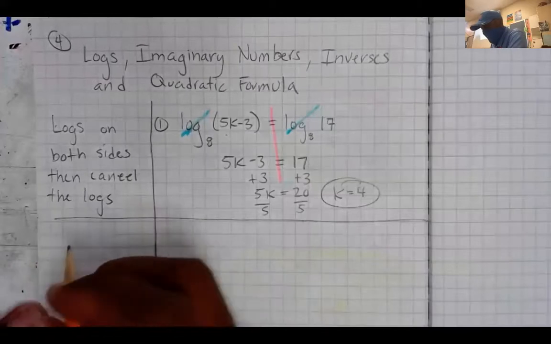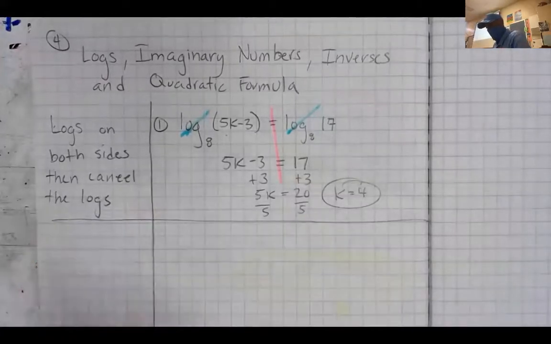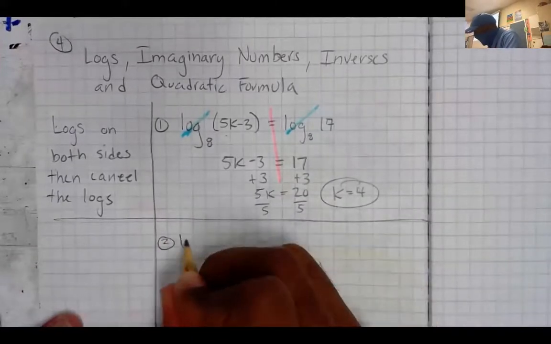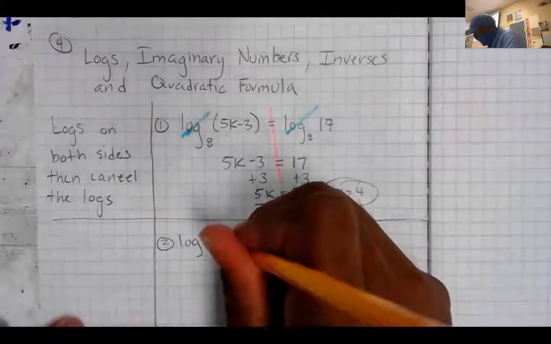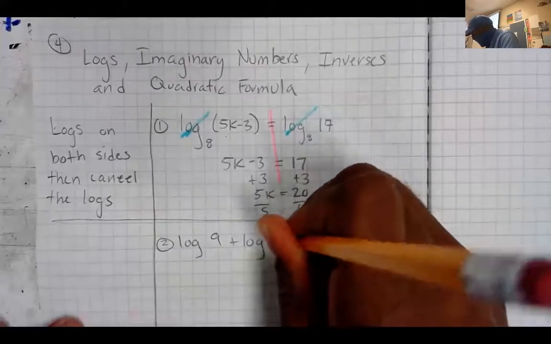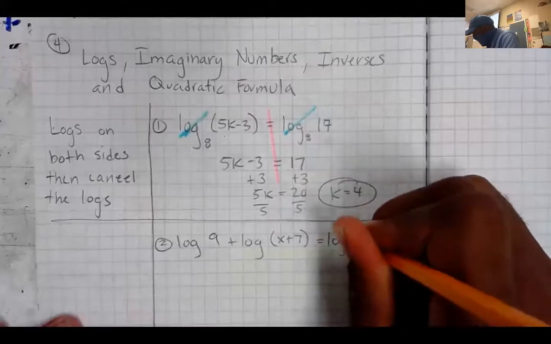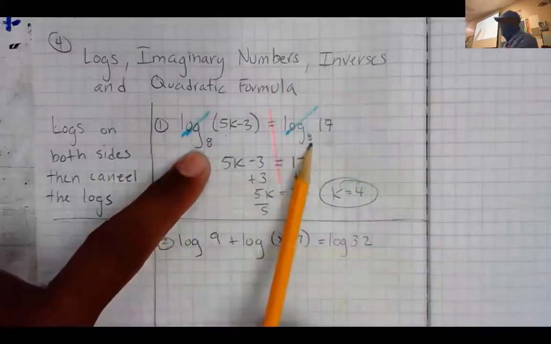So let's start with this example. I'm going to go log 9 plus log of x plus 7 equals log of 32. Now, guys, do you remember what this little number is called?